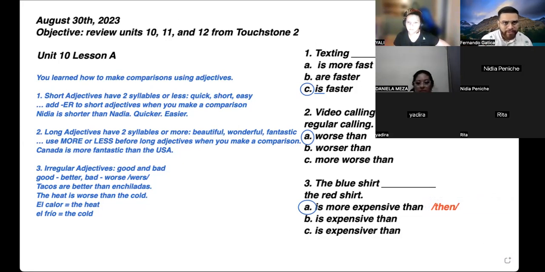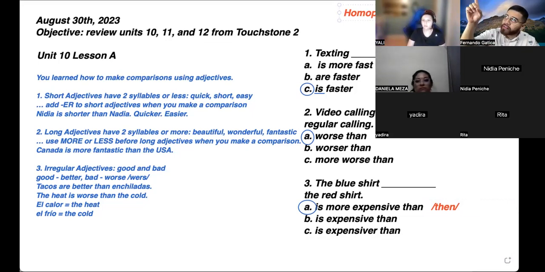Different letters, same pronunciation. But remember, when they are different words but the same pronunciation, that is called a homophone. Homophone. All right. It's important to know some homophones, like son de sol y son de hijo. The same pronunciation.